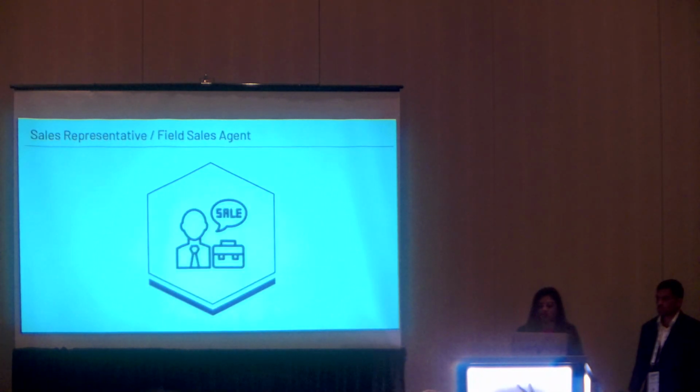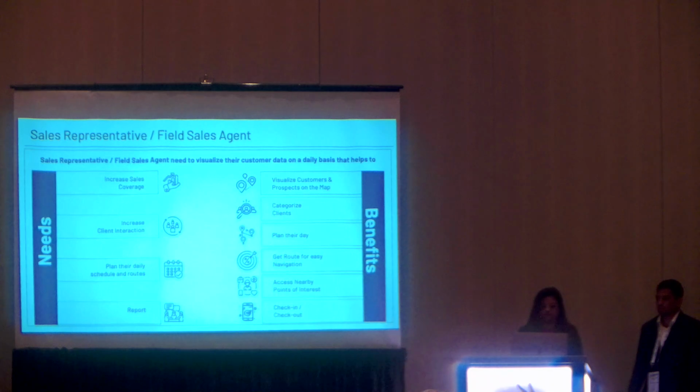So let's get started with the first persona, that is that of the field agent. Now, to the left, you would see all of the needs listed. These are basically, as a salesperson or as a field agent, some of the operations that you have to perform on a day-to-day basis.